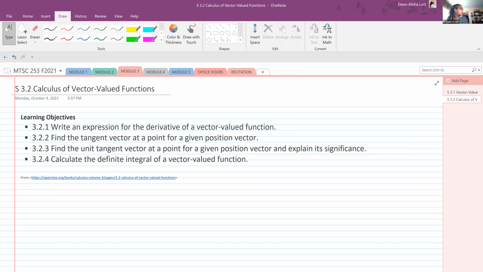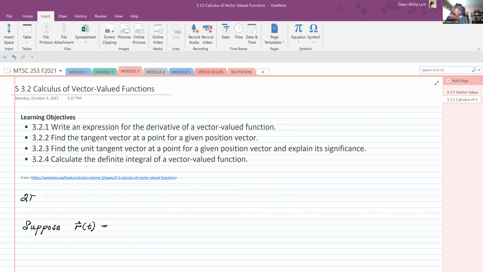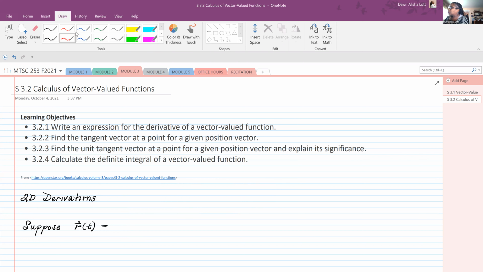So let's suppose that r of t is equal to, and I'm going to do this in 2D, and then it translates to 3D. So let's do some 2D derivations.